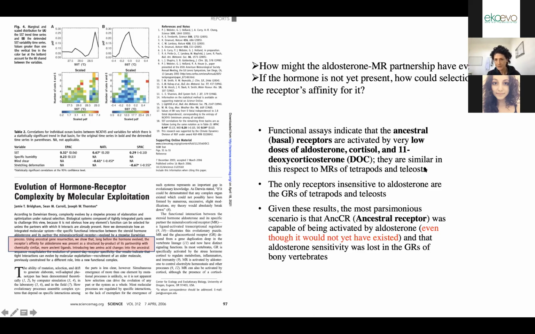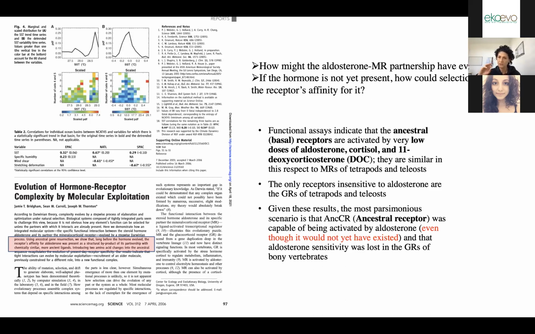At the end, what they concluded: there is an ancestral receptor, okay? It's a basal receptor. This ancestral receptor, as I told before, was more ancient and less specific. It wasn't specific to aldosterone.